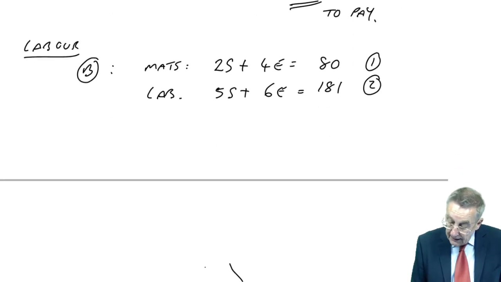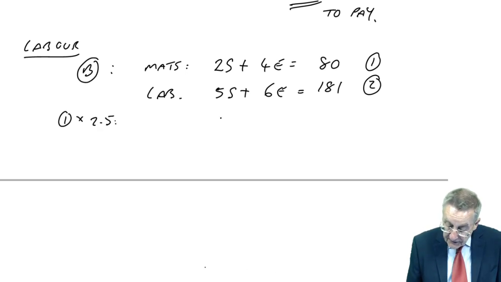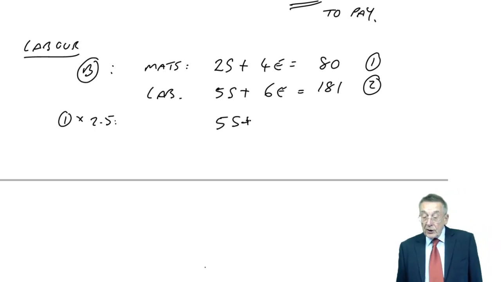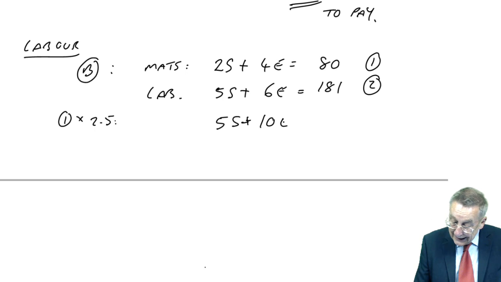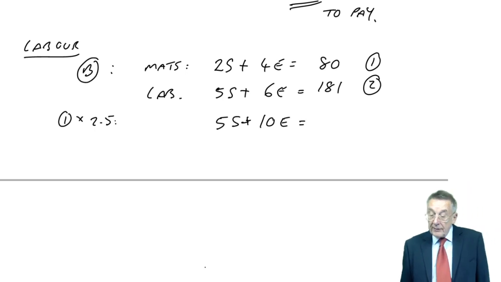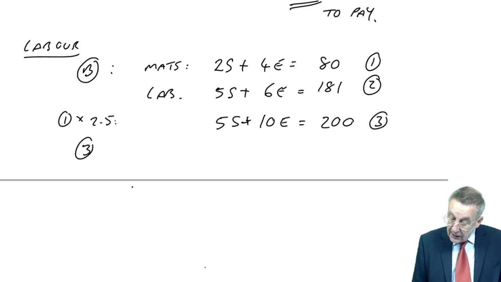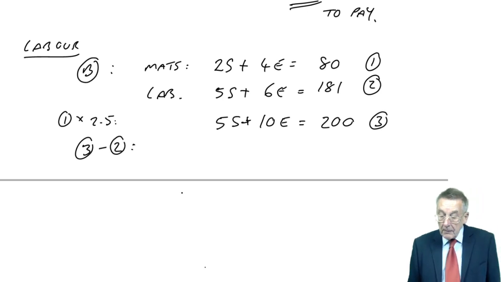If I take the first equation and multiply by 2.5, 2.5 times 2s is 5s. 2.5 times 4e is 10e. 2.5 times 80 is 200. I'll subtract the second equation away from the third.